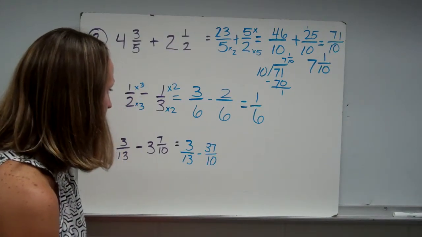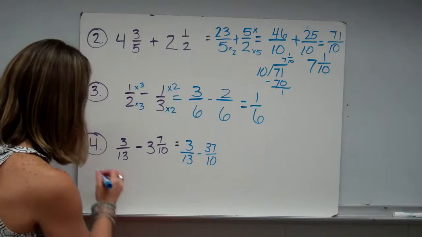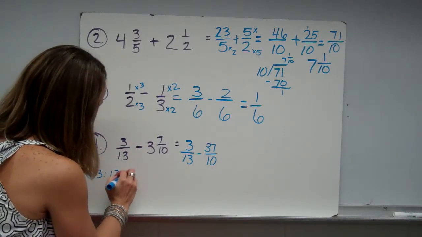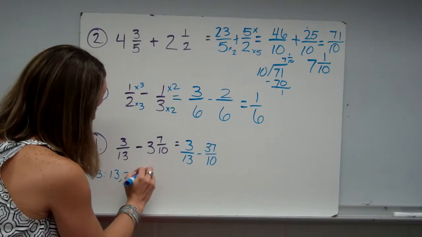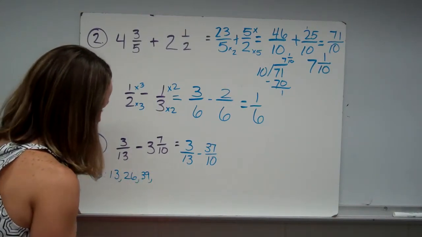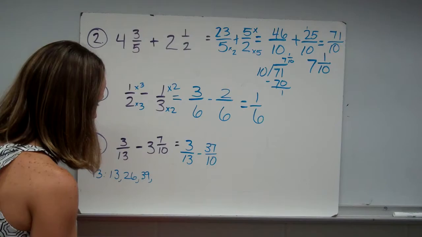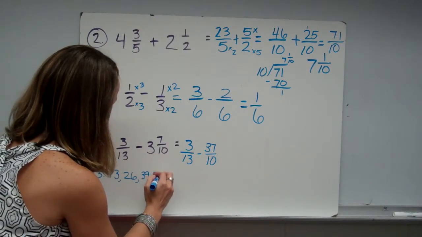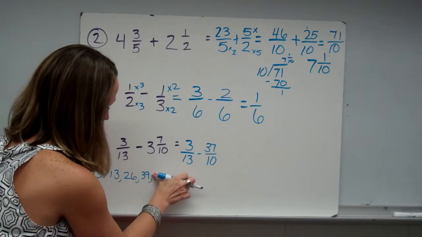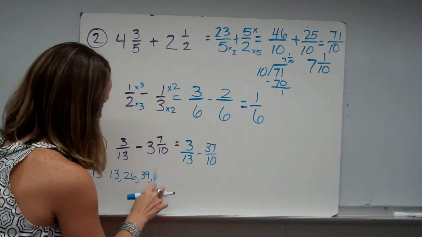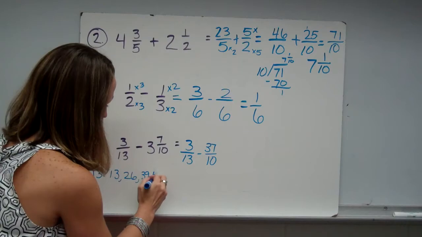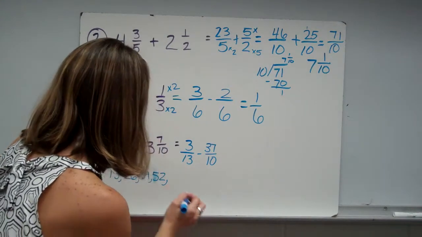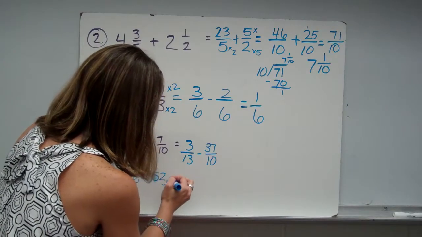Common denominator of 13 and 10 may not be so fun. So 13, my multiples would be 13, 26, 39, 52. No, there's got to be another one. 49, yep, 52. Plus 10 is 62.